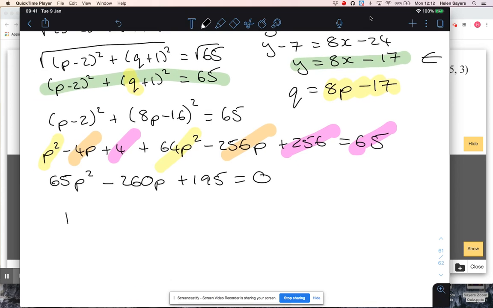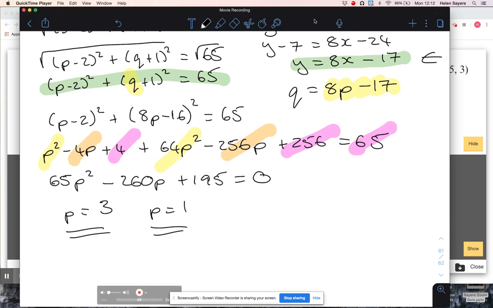That does all cancel, but I'm running out of steam, so I'm just going to put that into the calculator. So I've got A is 65, B is minus 260, C is 195. That's giving me integers. They don't have to be integers, but it's always a slight confidence boost when they are. So I'm getting P is 3 and P is 1.